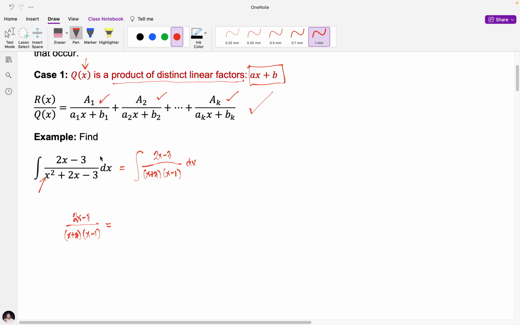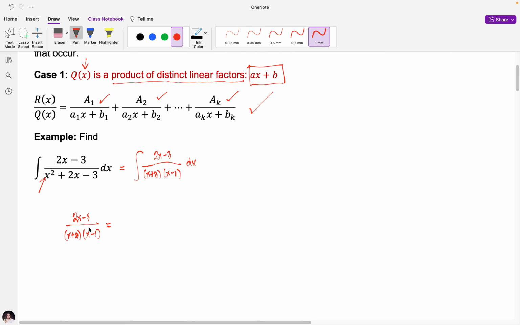It depends on how many factors you have. If two, until A sub 2 only. If three, until A sub 3 and so on. And this A sub 1 x plus b1 is the first linear factor, A sub 2 x plus b2 is the second linear factor and so on.